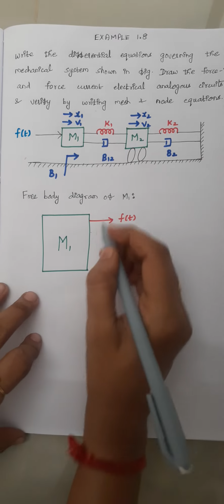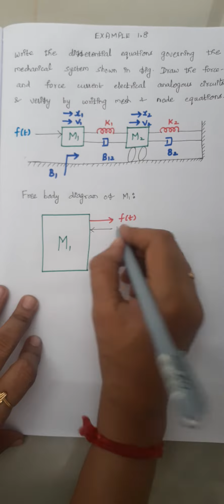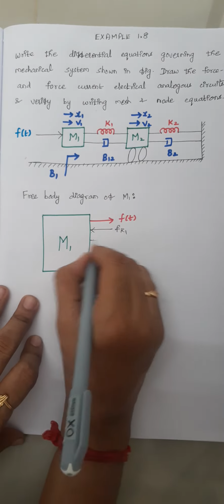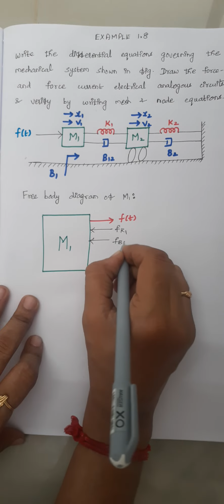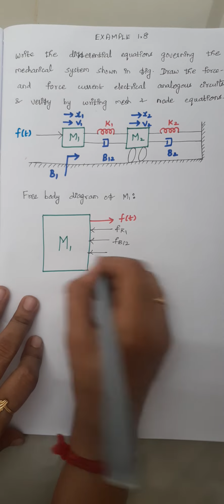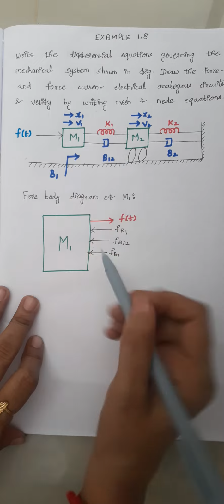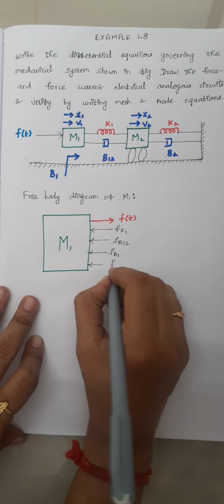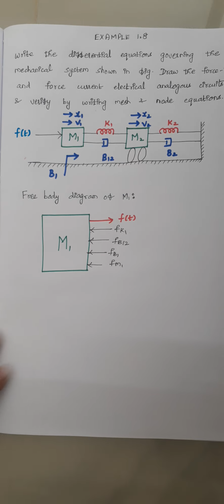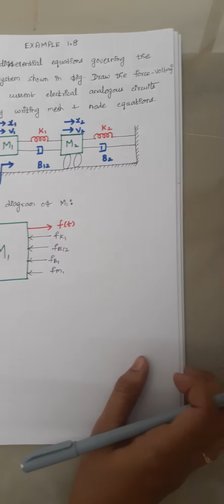The opposing forces are: one by K1, so first let me draw F K1; another by B12, F B12; another by B1, F B1; and another by mass M1 itself, which is given by F M1. Now we are going to write the respective equations for each term.